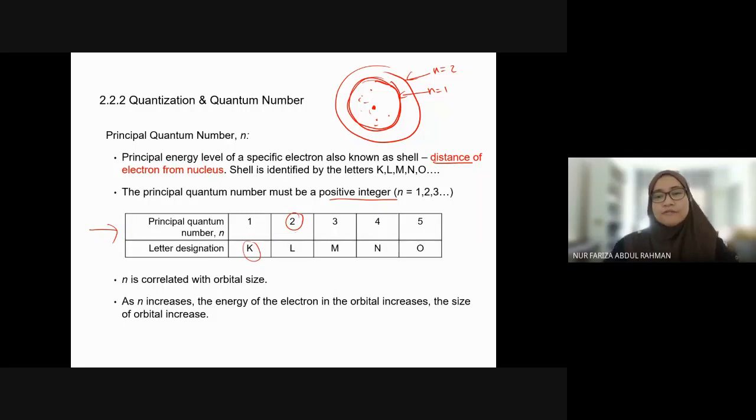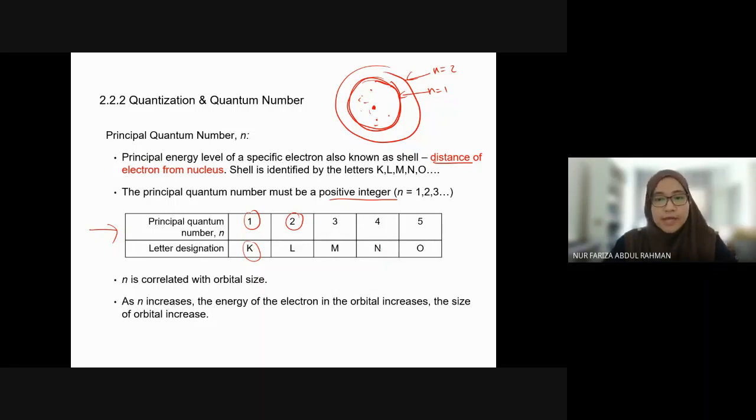So 1, 2, 3, 4, they should all be positive integers. Make sure that you know that n equal to 1 is also known as the K shell, then the L shell, M shell, N shell and O shell. It depends on the question. If the question gives information in the form of letters for the principal quantum number, you should know what it means. For example, determine the number of electrons in the N shell.